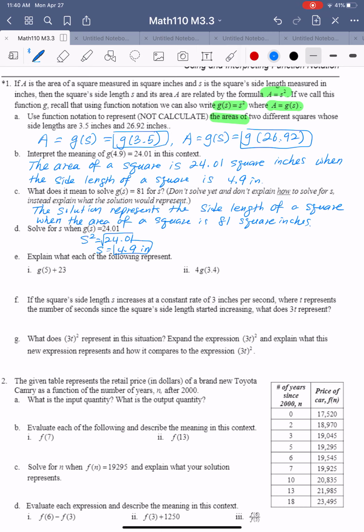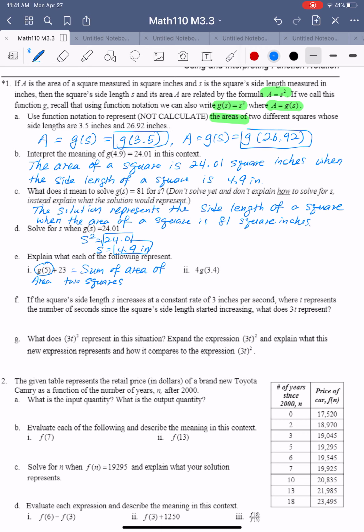Now, explain what each of the following represents. Since g of s means the area of the square, this is the sum of the areas of two squares.